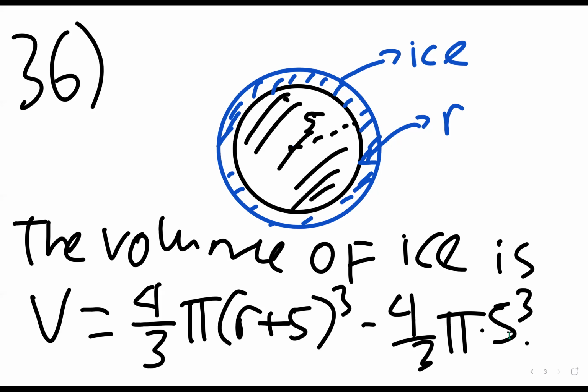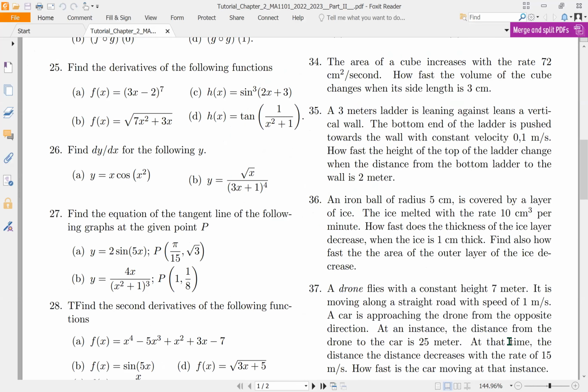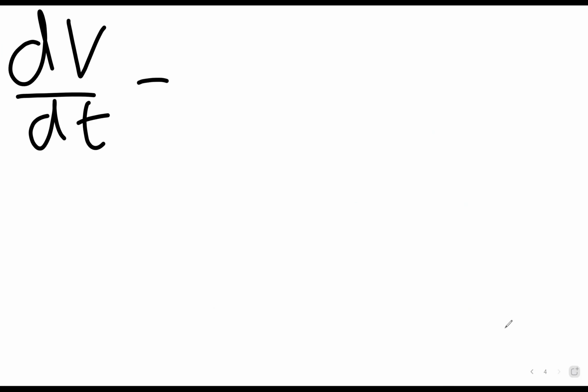So the question says how fast the thickness of the ice layer decreases when the ice is 1 centimeter thick, of course with the radius in centimeters. So now let us calculate dV/dt from the formula, and we know from this information that dV/dt is 10 centimeter cubed per minute. Because it says the volume decreases, dV/dt is minus 10.